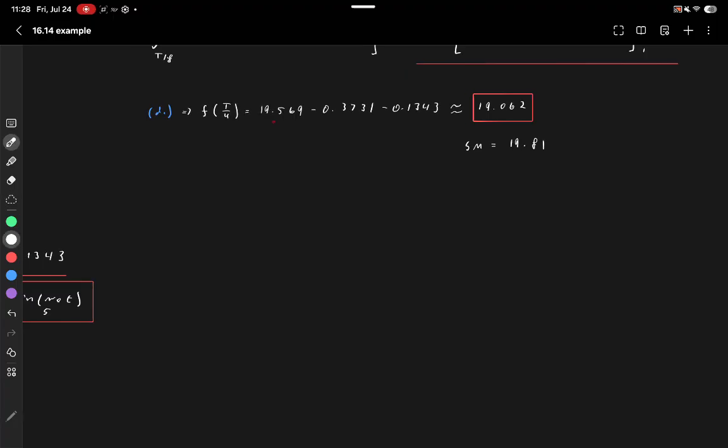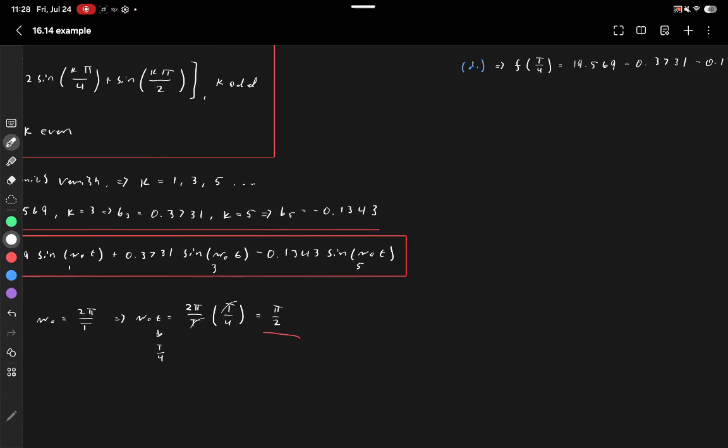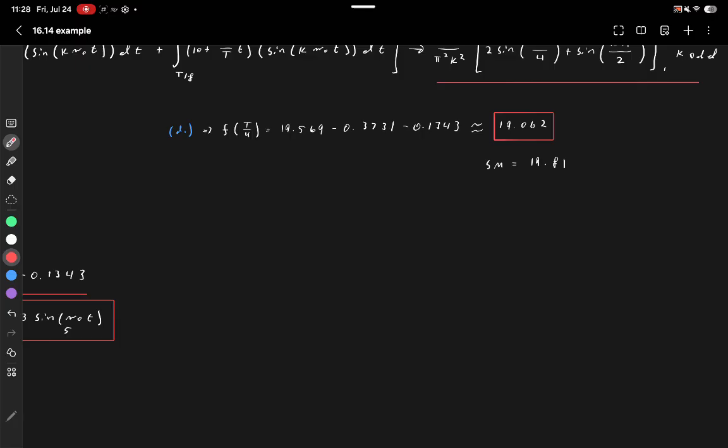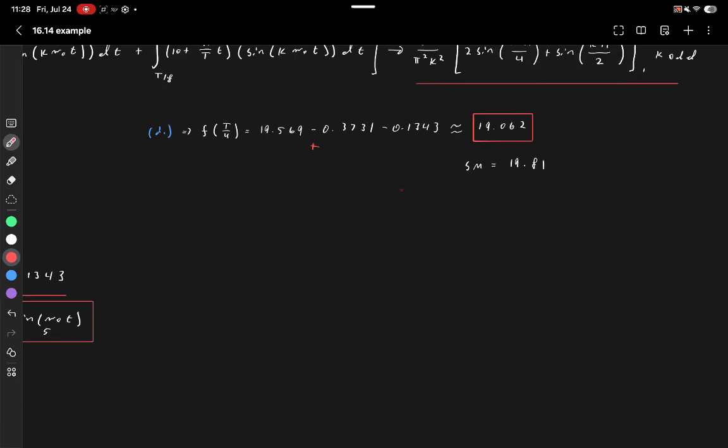However, if we do take this stuff here, and instead of getting -1 for this value here, say we accidentally did pi over 2 again, we get 1, and we add, instead of subtracting this value, we do end up getting 19.806, which would round to 19.81. So, the solutions manual, while its value is a little bit higher, I do believe it's just from this false or incorrect evaluation here. So, just something to know.